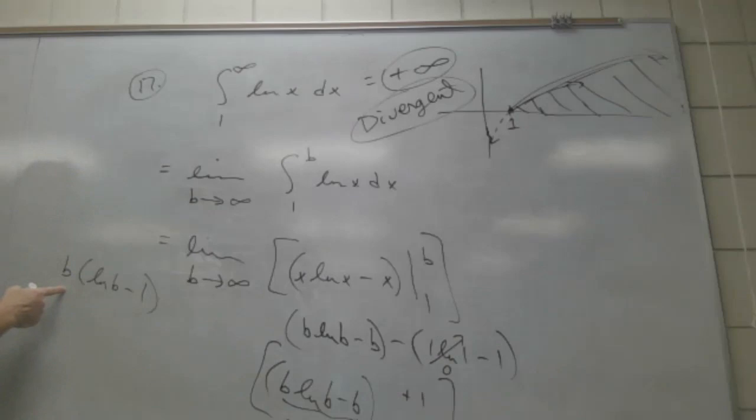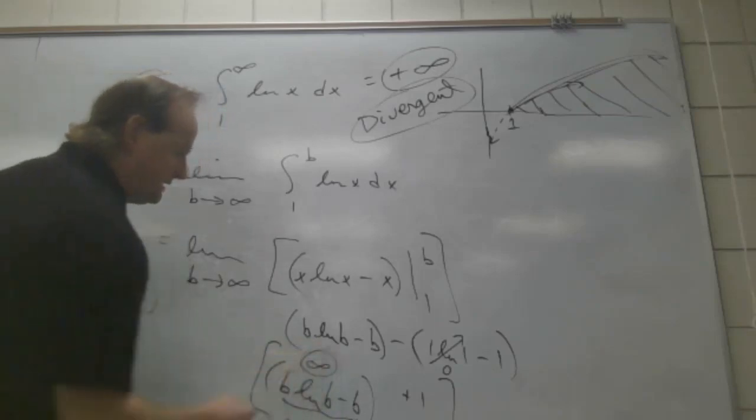And now, if I let B go to infinity, so I'm going to factor B out, this is infinity times natural log of B compared to 1 gets huge, right? This is infinity times infinity. So what's that? What's infinity times infinity? Infinity. So this one's infinity.